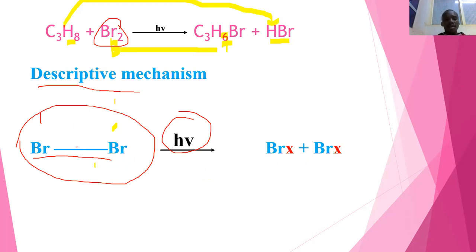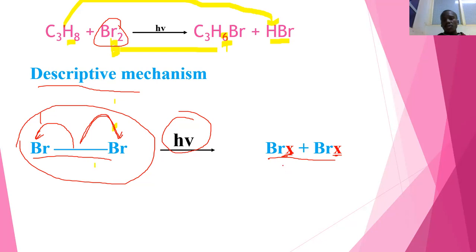So it breaks up, where one electron goes here and another one goes there, and that is the free electron that can now make this react. One bromine takes one electron, another one also takes an electron. So those are now free electrons.